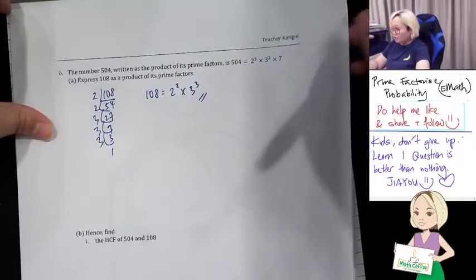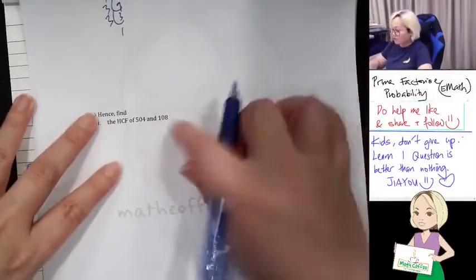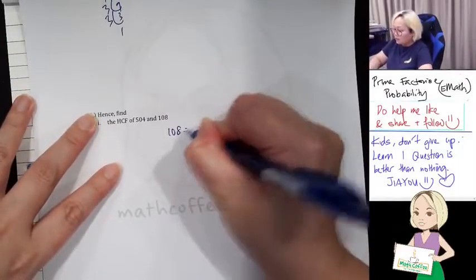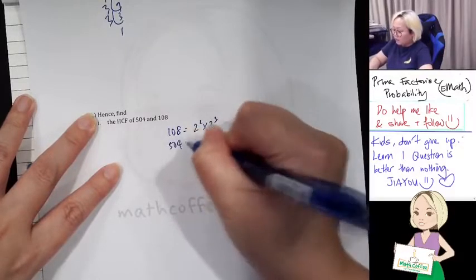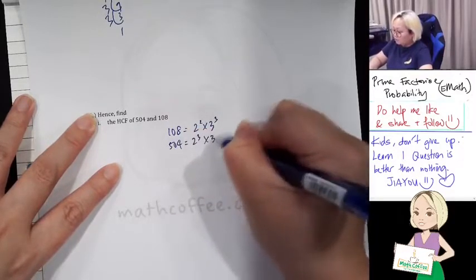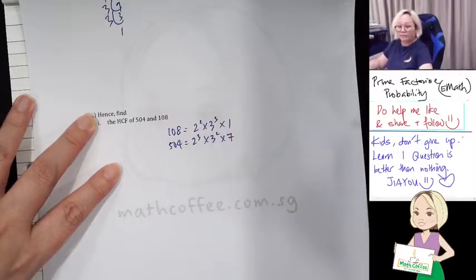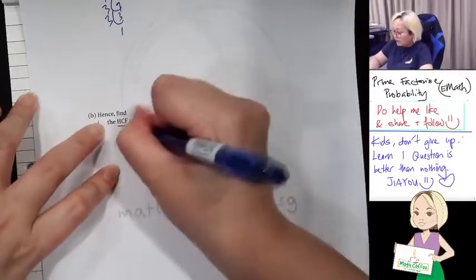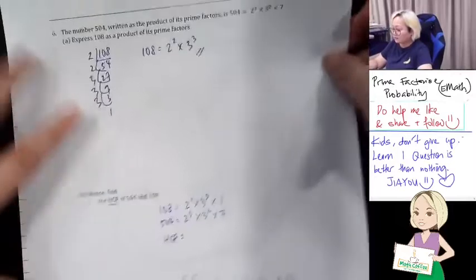Okay, so remember how to find our HCF. For HCF, I need to list down the prime factorization of each number. So 108 is equal to 2 to the power of 2 times 3 to the power of 3. 504 is 2 to the power of 3 times 3 to the power of 2 times 7. This one doesn't have 7, please put 1. Okay, now I want to take the HCF. So for HCF, do we take the lowest or highest?